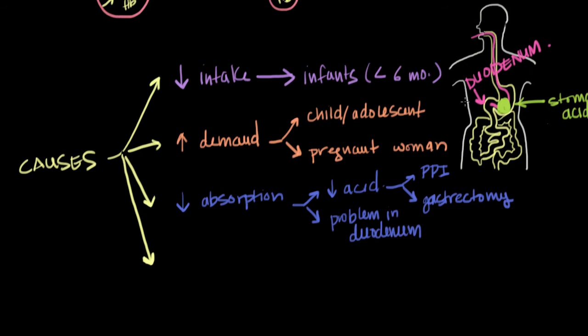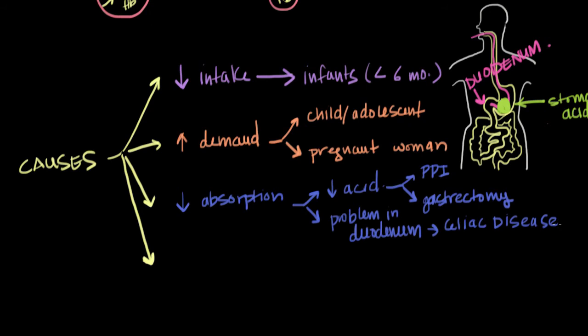The second cause occurs with some dysfunction or some problem in the duodenum. And really you see this in patients who have celiac disease. Celiac disease refers to patients who have an intolerance of gluten. Gluten is something that's found in different foods in your diet. It's found in wheat, barley, rye, and other similar foods.